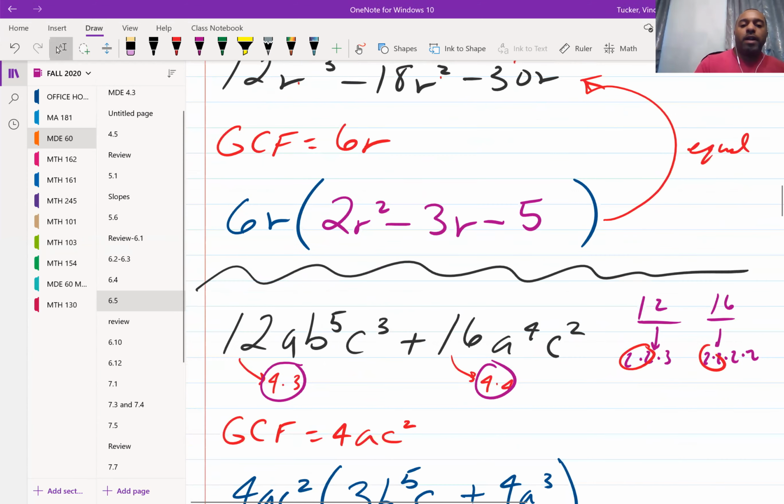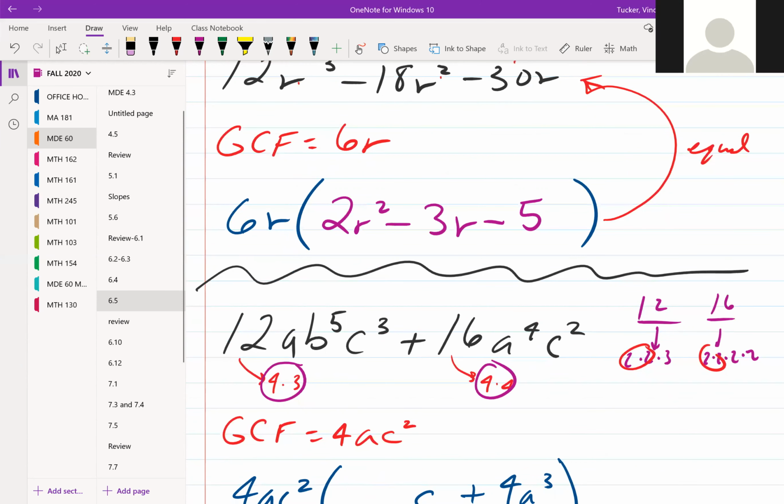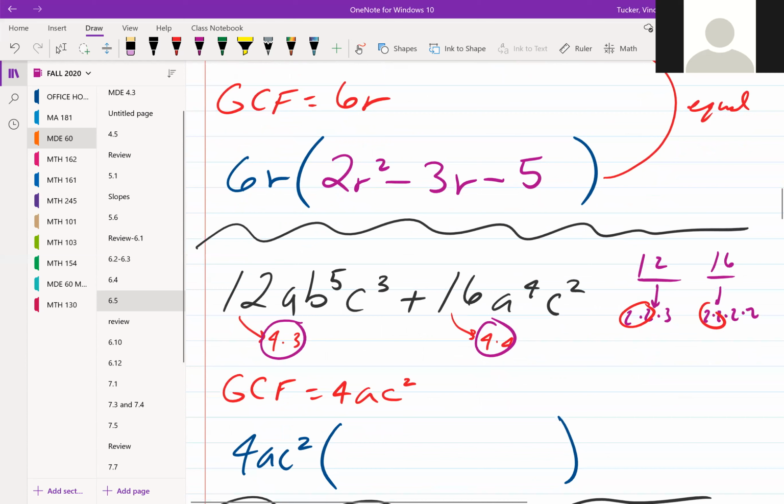All right. I'm just trying to make sure I didn't miss something. We got the 4 as the greatest common factor. So do we count the pairs that we had? The 2 2s?